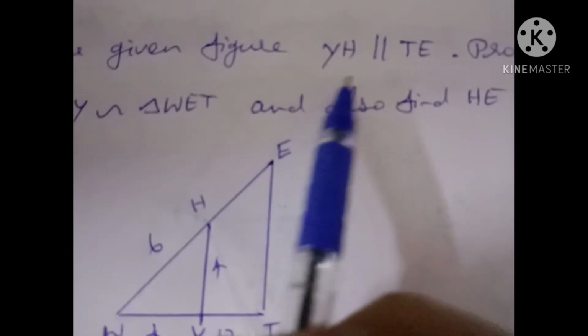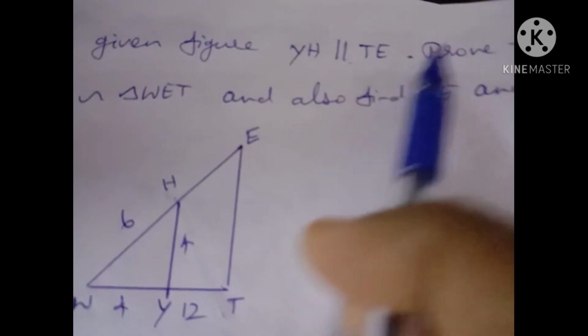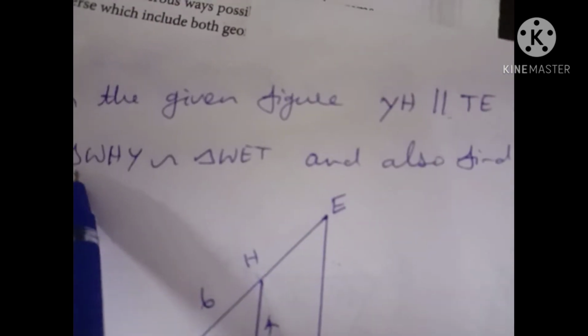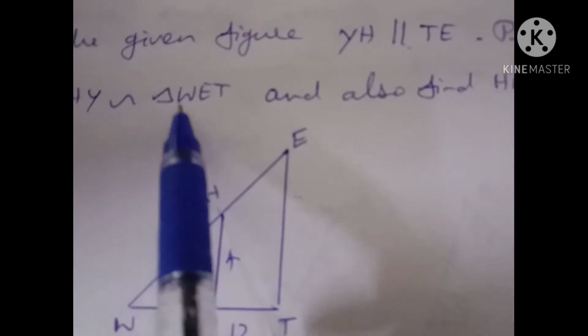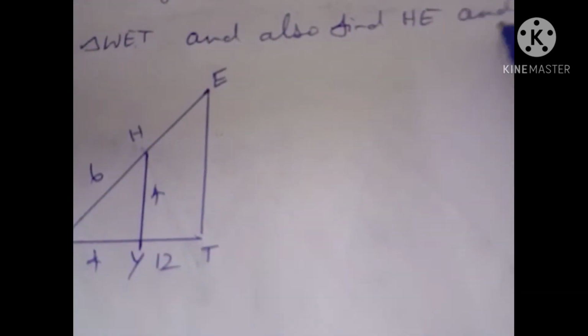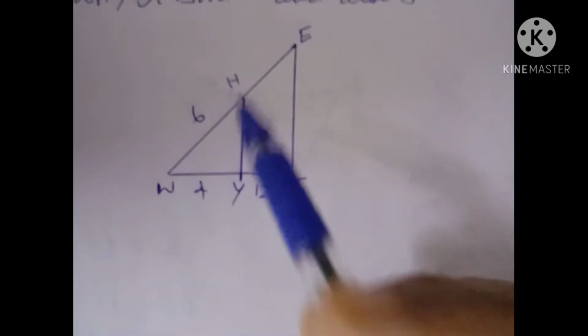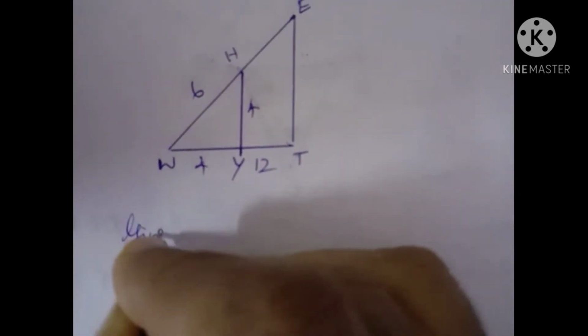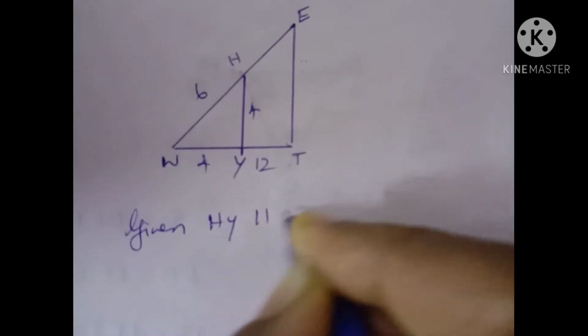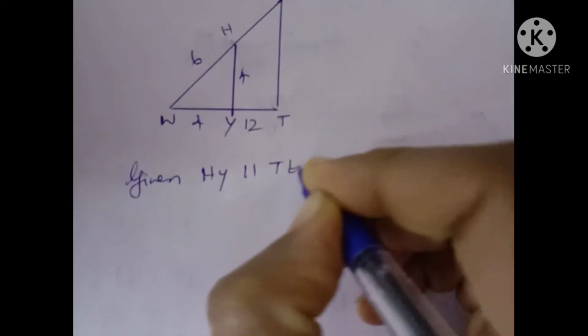Eighth question. In the given figure, YH is parallel to TE. Prove that triangle WHY is similar to triangle WET, and also find HE and TE. So what is given: HY is parallel to TE.